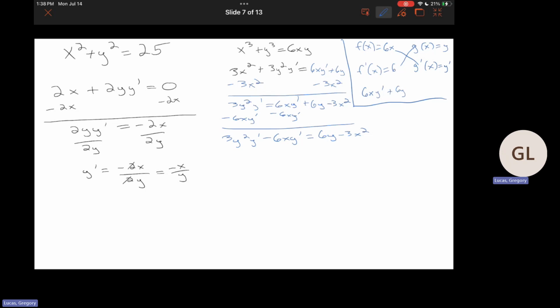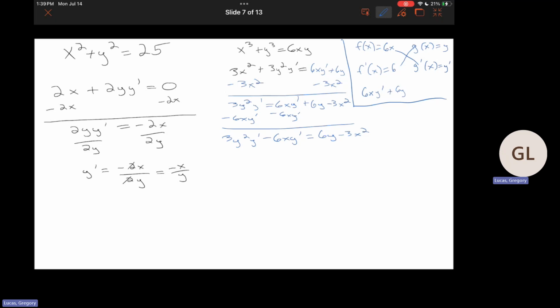So let me just go over again what I did here. I wanted the y prime terms on one side and the terms without y prime on the other side. In step 1, I moved over the 3x squared. So then I had just one y prime term left on the left side, and then I moved the other y prime term from the right side to the left side. And the reason we have to do this, in the first one it didn't really matter, because we only had one y prime term.